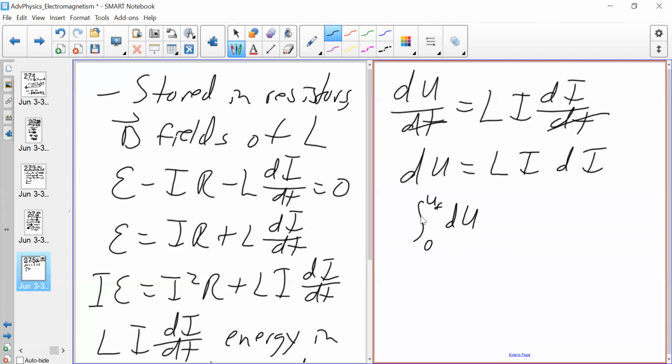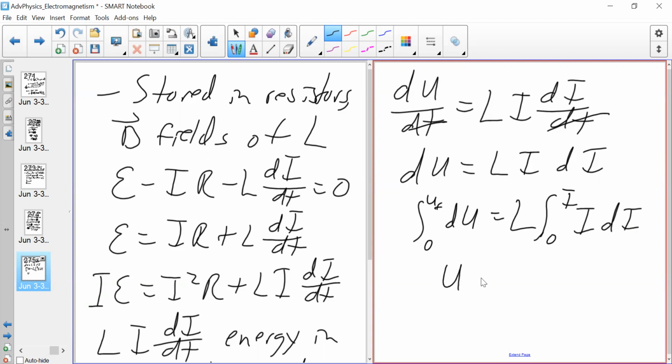We can have some boundary conditions, real values for both bounds. And so this is going to be L, going from 0 to I, because at t equals 0, there is no current through the inductor, but then slowly it builds up, because it takes time for that current to build up to a maximum value. We saw that in the definition of inductance, and this is going to be I di. So all I terms are in the integrand.